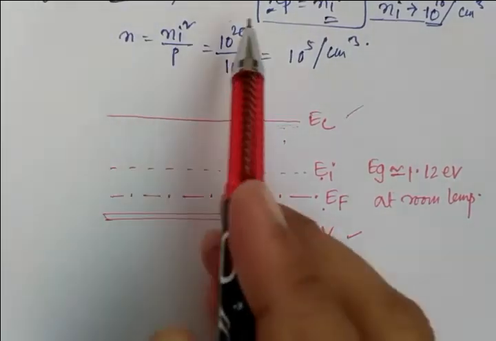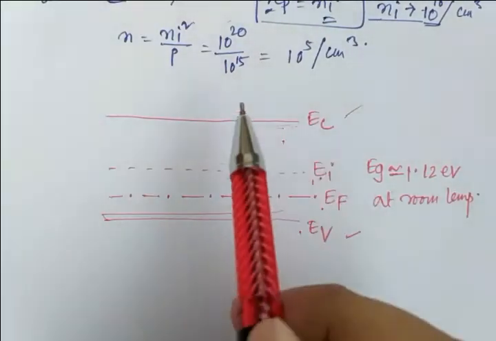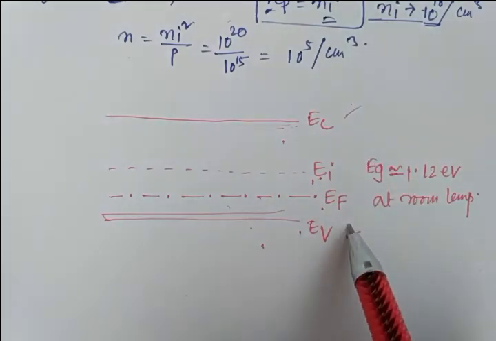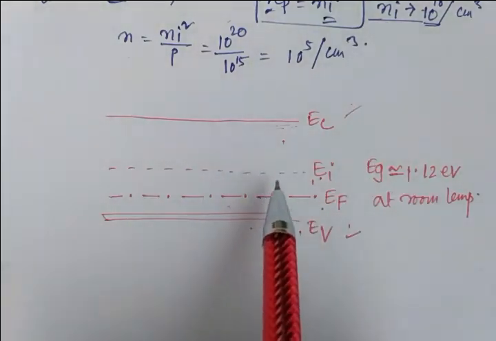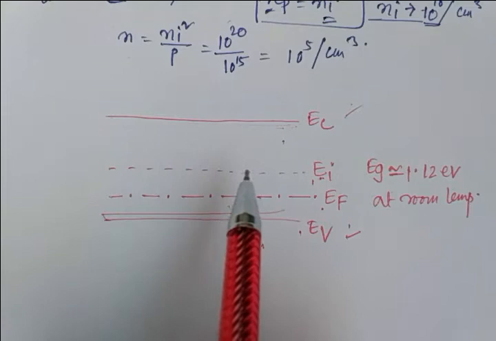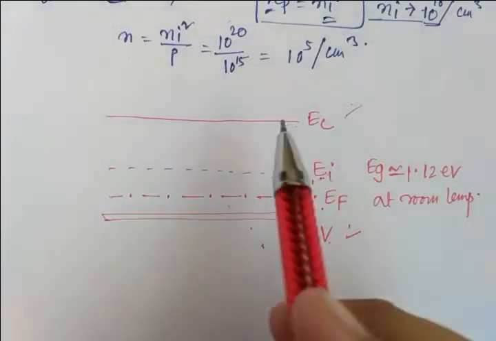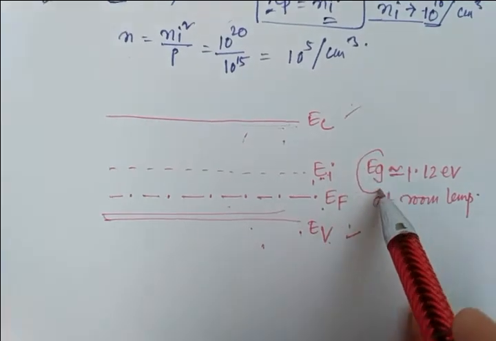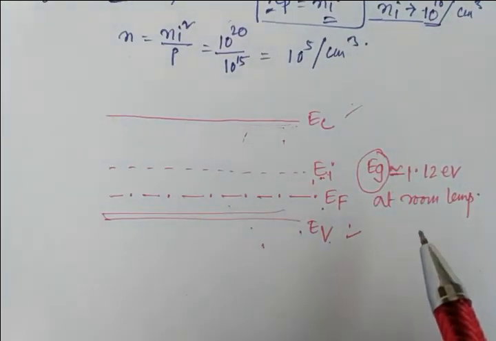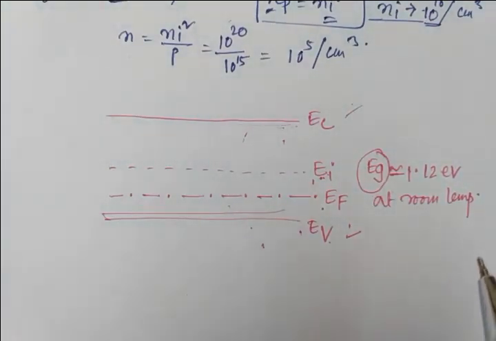So this semiconductor has a conduction band, a valence band, and the intrinsic energy level EI, which is just in the middle of EC and EV, right? And the band gap energy EG at room temperature is 1.12 electron volt.